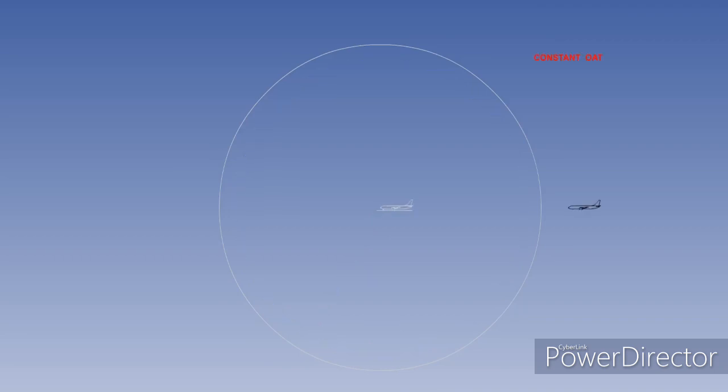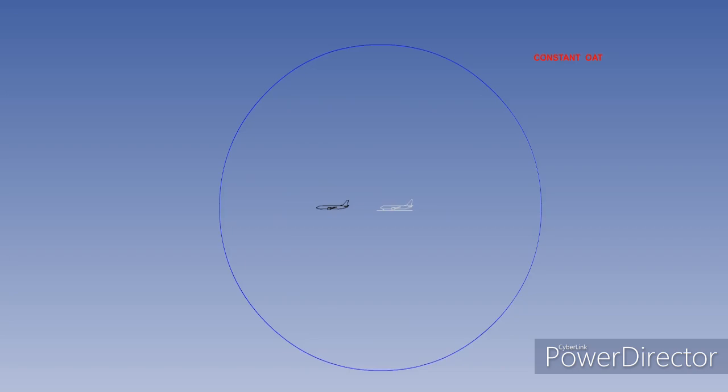At a constant outside air temperature, do you think the pressure wave will look the same if the aircraft is moving when the pressure wave is generated? Of course it will. Nothing has changed. The pressure wave was generated in the same place, and the air temperature was the same.